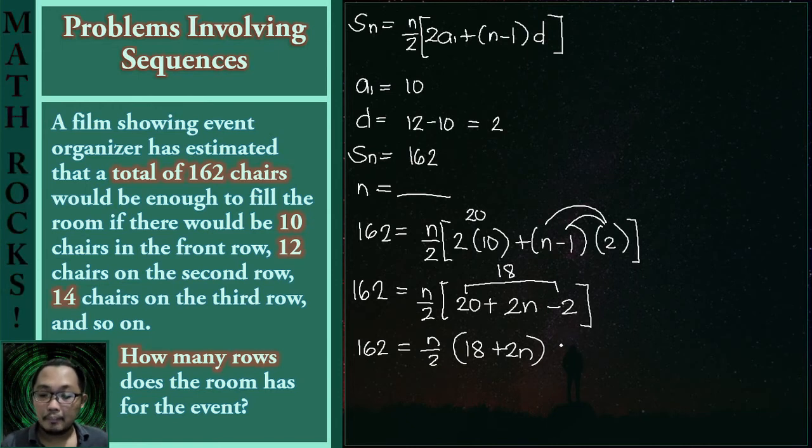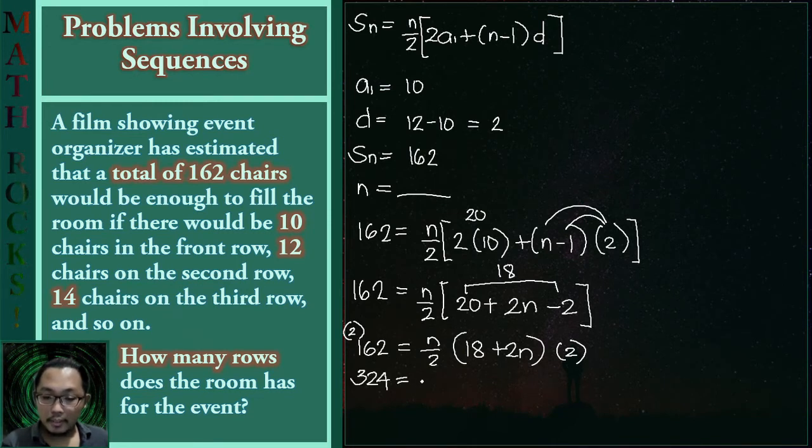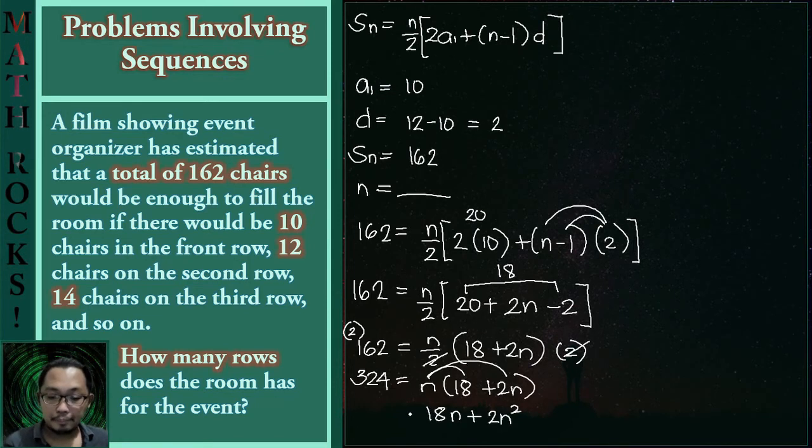So doing so, we have to multiply this side of the equation with 2, as well as the other side here with 2, giving us 324, and this side we can apply cancellation, and that gives us 1. And we are only left with n times the quantity of 18 plus 2n, which will then give us n times 18, which is 18n, while this one gives us 2n squared.